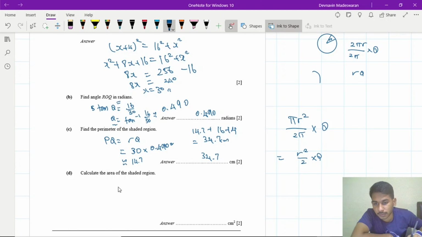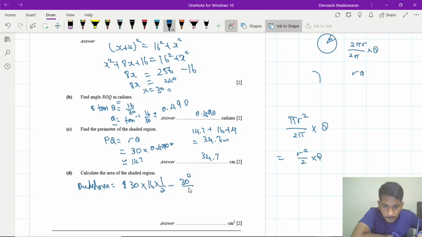So the shaded area is the triangle area, base 30 times height 16 times half, minus r squared, which is 30 squared over 2, times theta, 0.49.